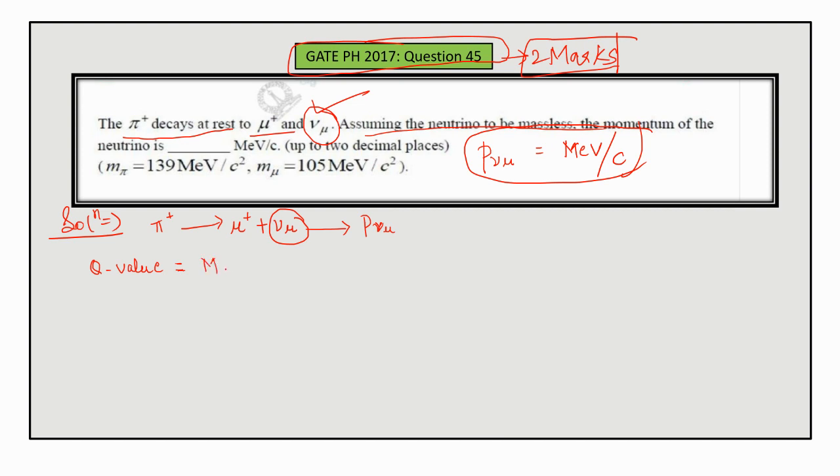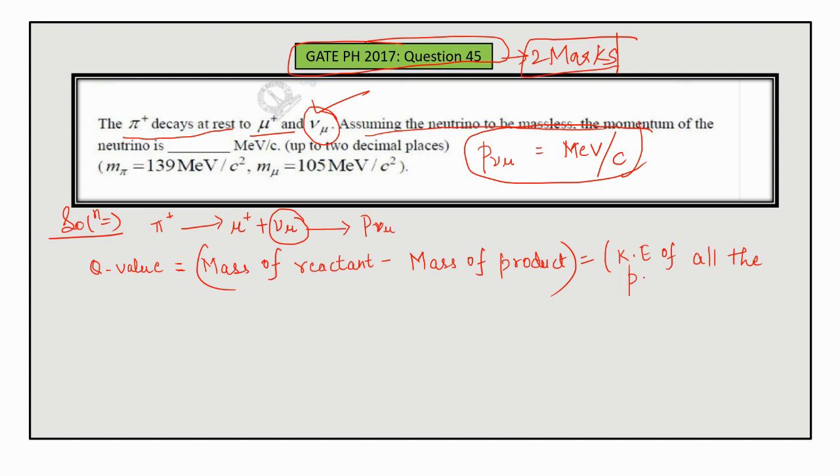One is mass of reactant minus mass of product. This is one way. And the other way is the kinetic energy of all the products. This is the other way. We will use these two formulas to find out the momentum of the neutrino. So see how this is done.